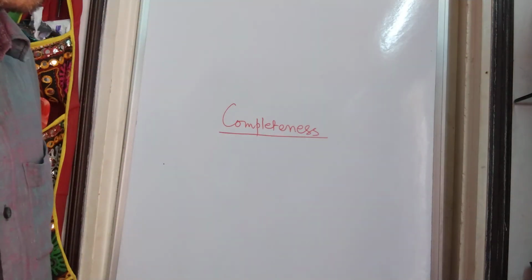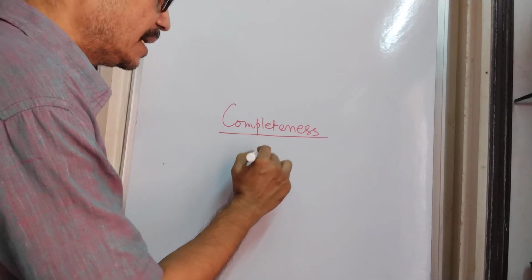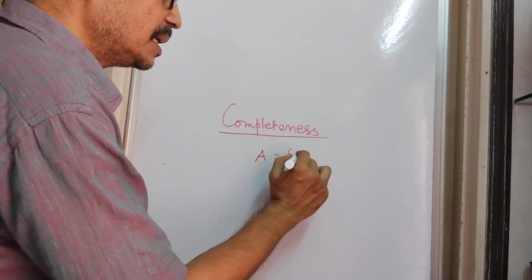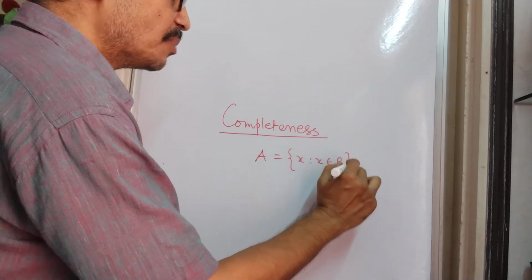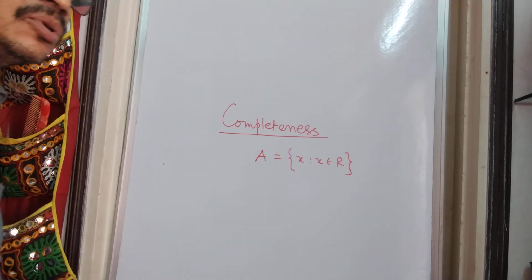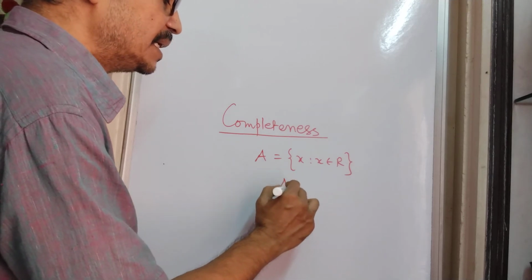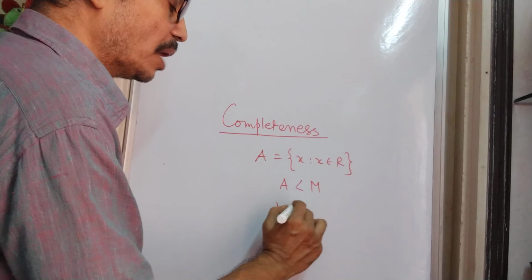It means that whenever a set of real numbers A is bounded, we have a least upper bound or a greatest lower bound. When A is bounded, A has an upper bound or A has a lower bound.